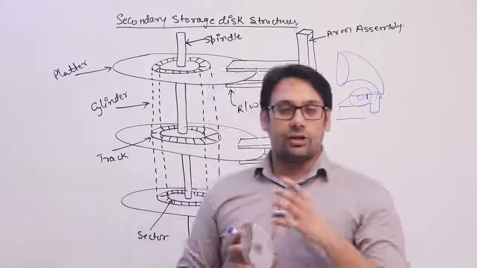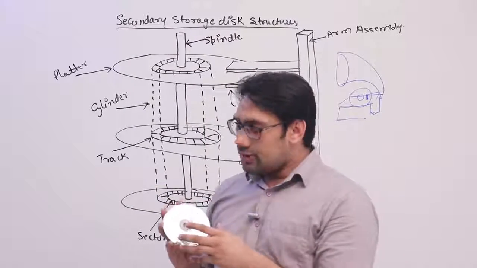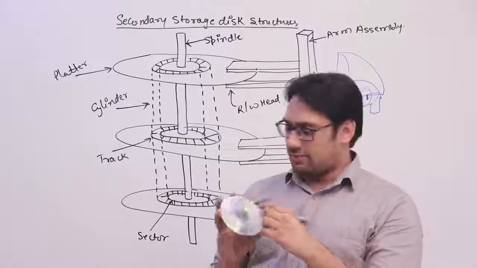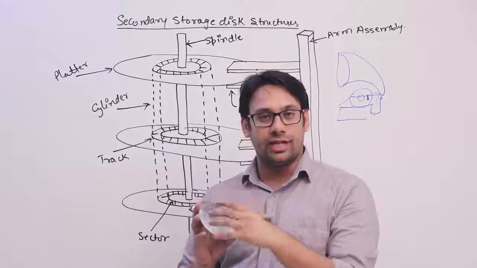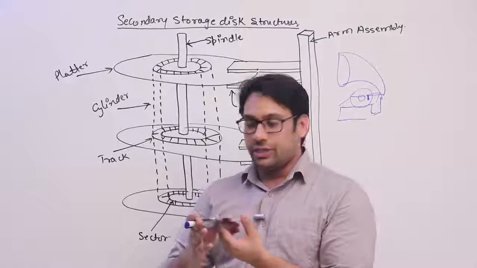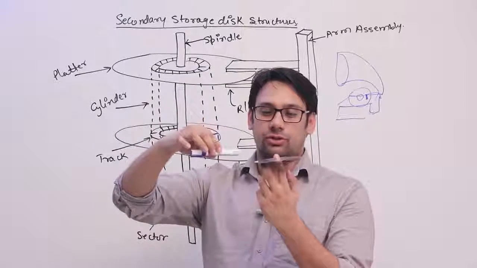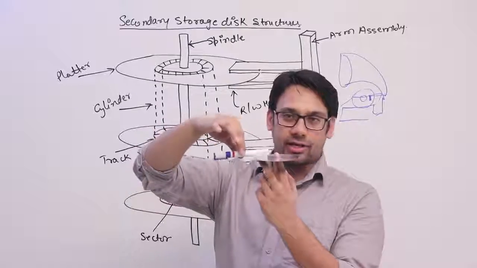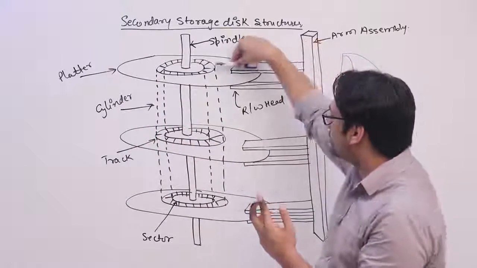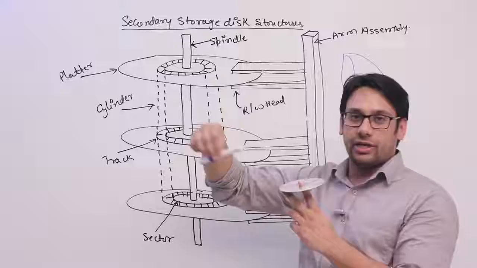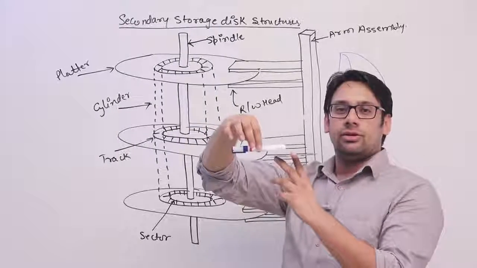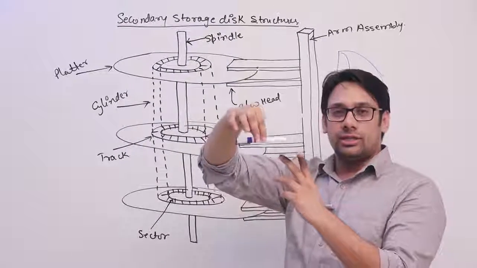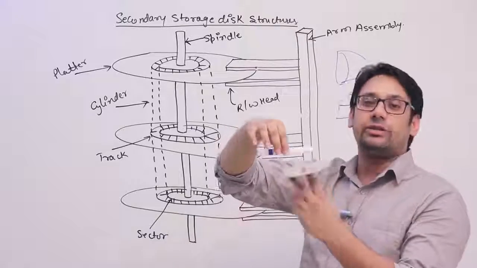And secondly, we are also going to discuss that if we want to read data from the drive, you have to take this read write head to the particular track from where you have to read the data, and then you have to come to the desired sector on that track.